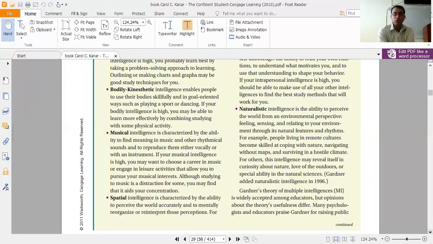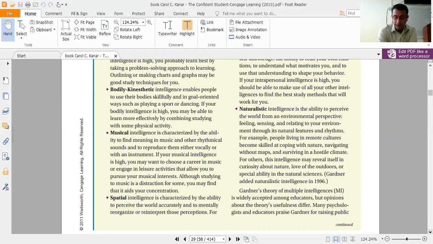It enables people to use their body skillfully and in goal-oriented ways, such as playing a sport or dancing. So dancing is a skill. We people start laughing, which is not good, okay? So if people are good at using their bodily movements, okay, everyone is not a good dancer, remember.